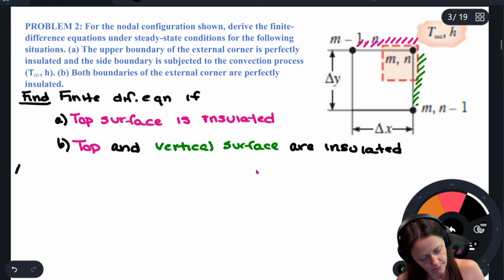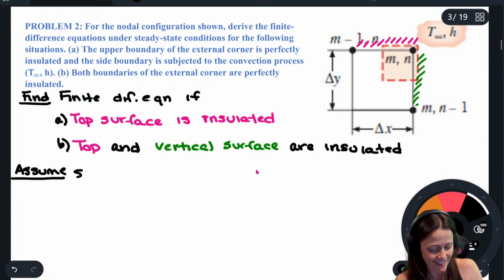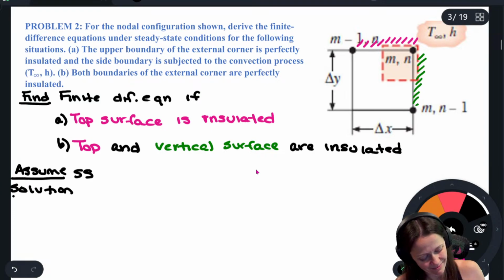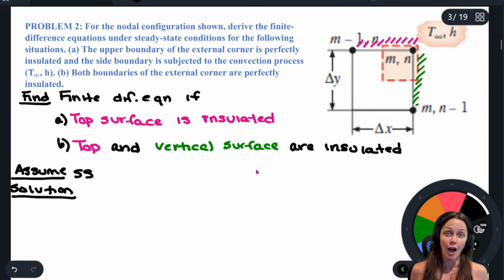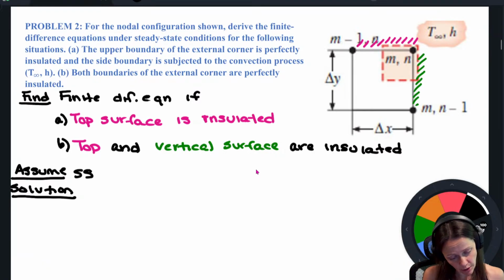All right. The only thing I really need to assume is that everything is occurring at steady state. We have no energy generation, I don't think, so it's just going to be the Q by conduction going into that node. Oh, and convection, right?